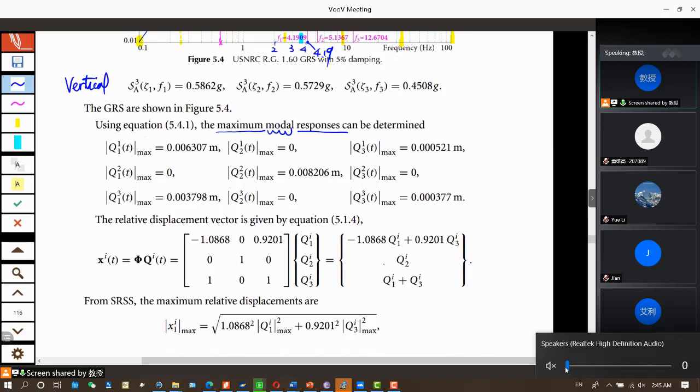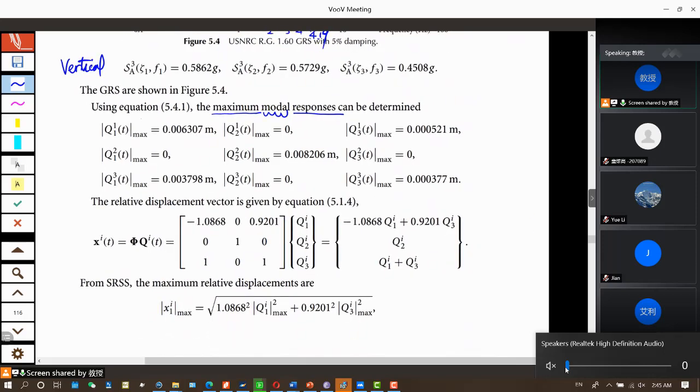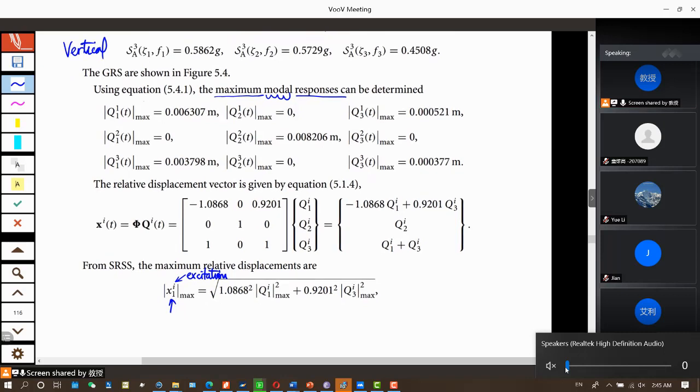Okay, so that's node 1, node 2, and node 3. For node 1, we use this term squared and this term squared. This is the SRSS combination. You find the maximum displacement in node 1.